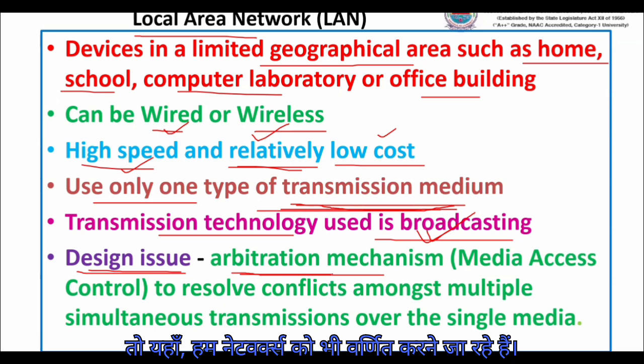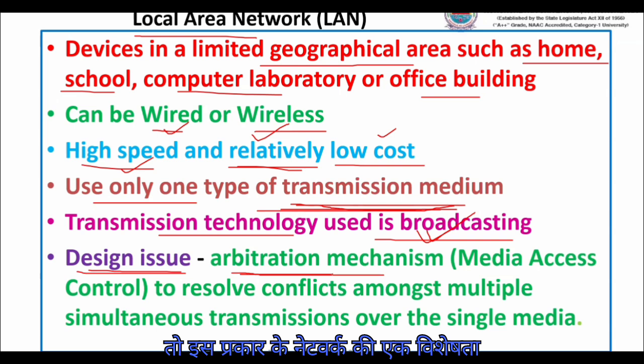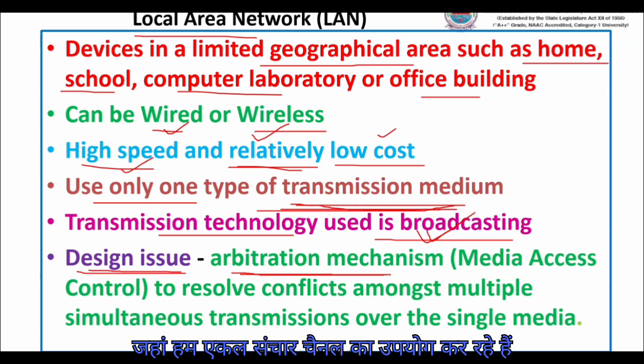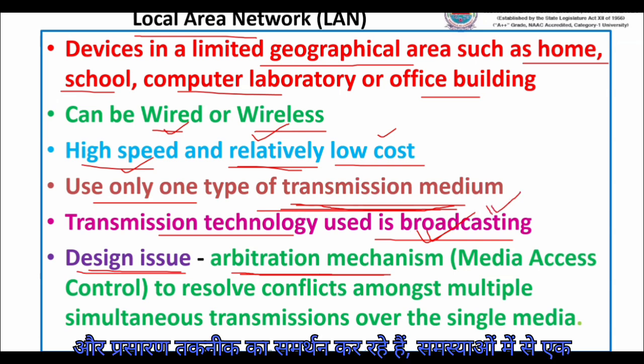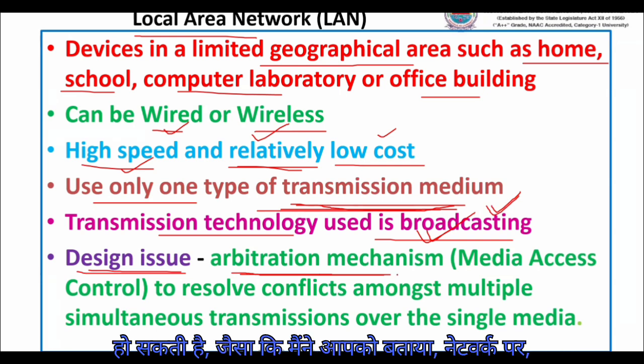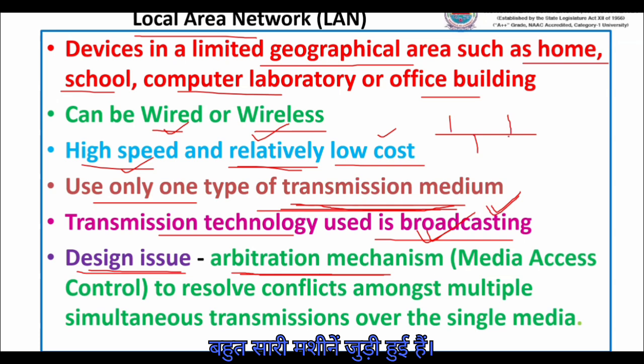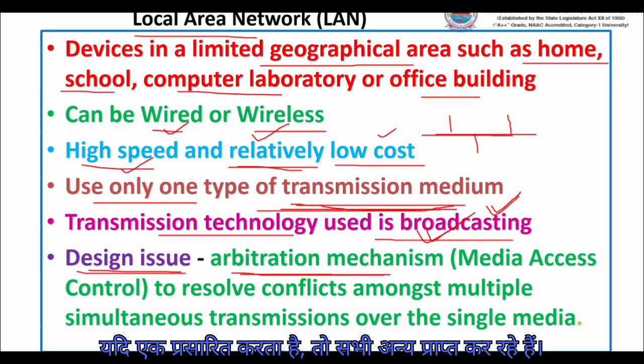Here we are going to characterize the networks also. A particular characteristic of this kind of network, where we have a single communication channel and support broadcasting technology, is that one of the problems can be, as I told you, that on the network so many machines are connected.